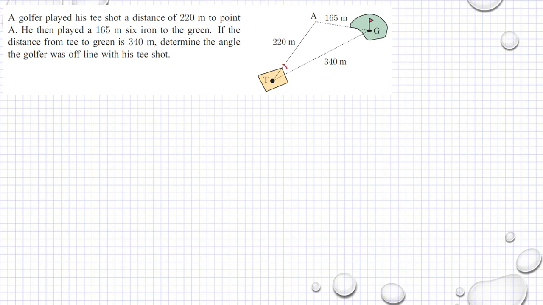Then we're supposed to look for that. And then we have the cosine law once again.